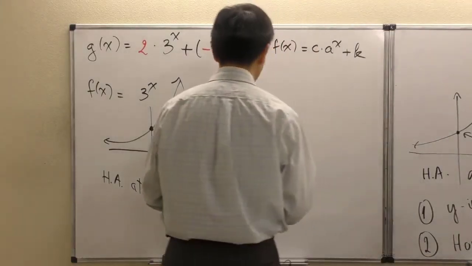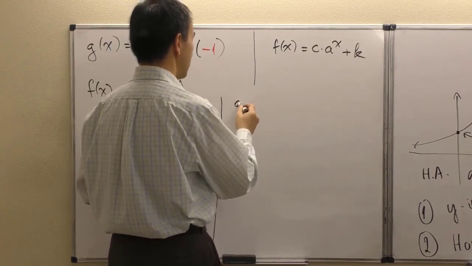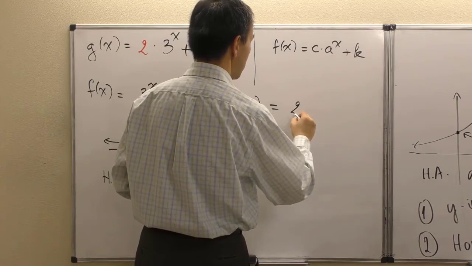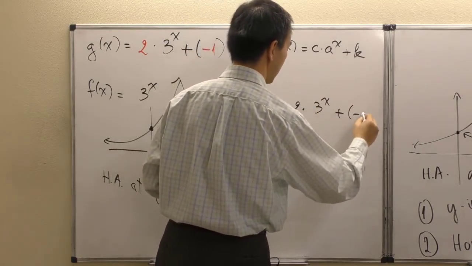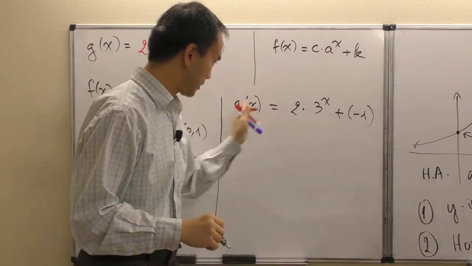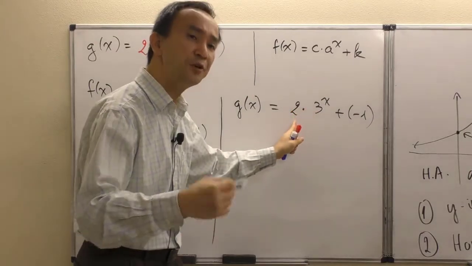Okay, so now let's document our observation here. For the actual function, the descendant function, g of x, being 2 times 3 to the x plus a negative 1, the parent function is 3 to the x, so g comes from multiplying the parent function by a positive 2 first.